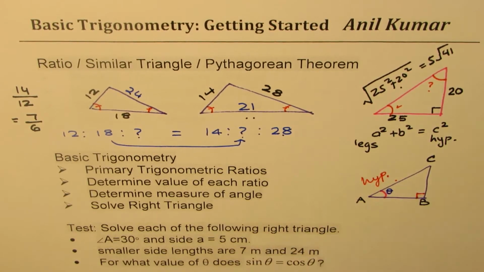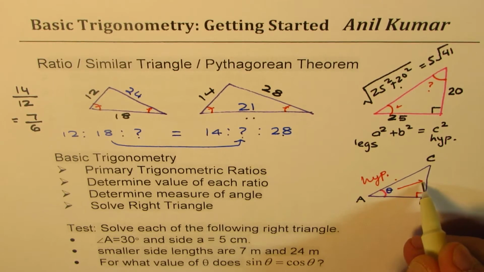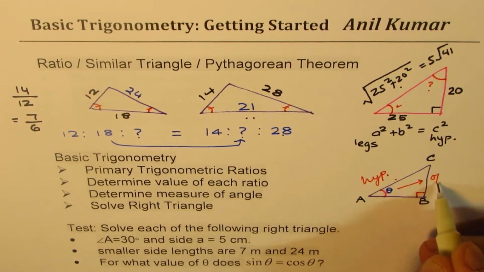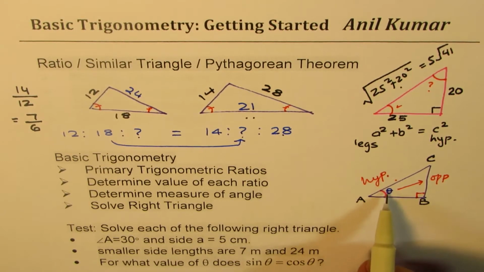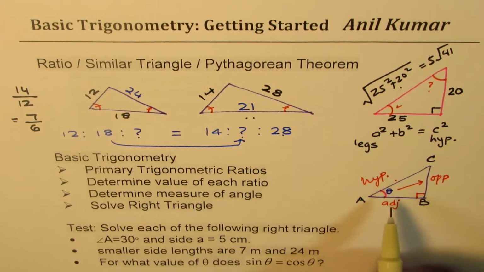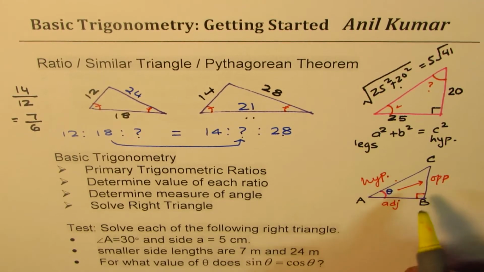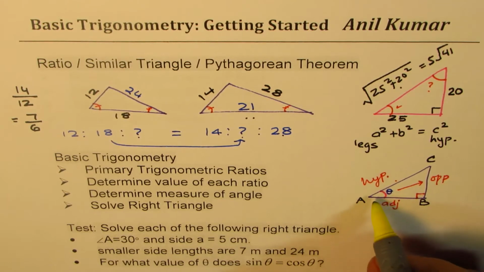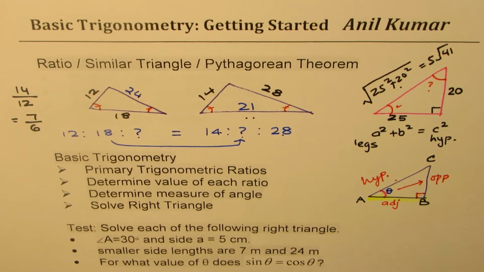The side which is opposite to the angle given becomes the opposite side. We'll write opposite side. And the side which is adjacent means adjacent to both the angle and the 90 degrees. So that is called the adjacent side. You can think like this: if we are talking about the adjacent side with the given angle, the side will include the 90 degrees and the angle. So that is adjacent.